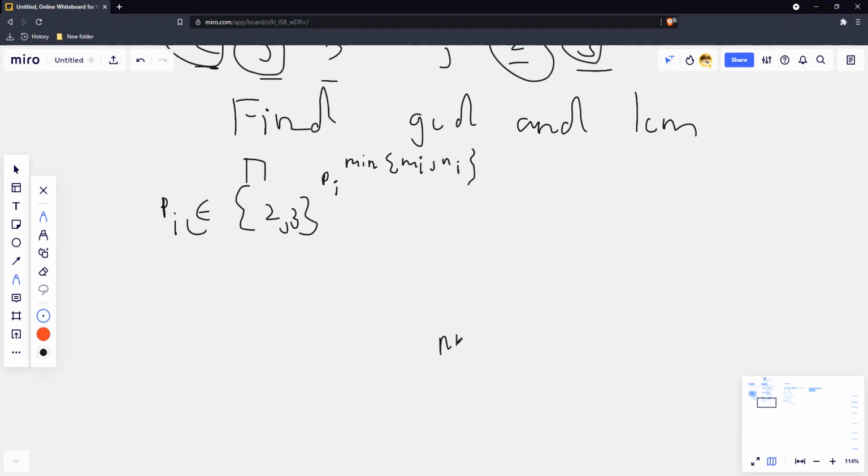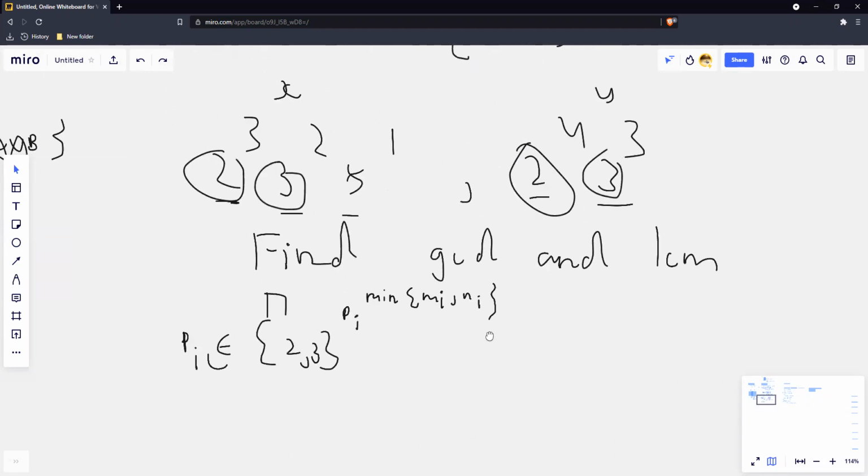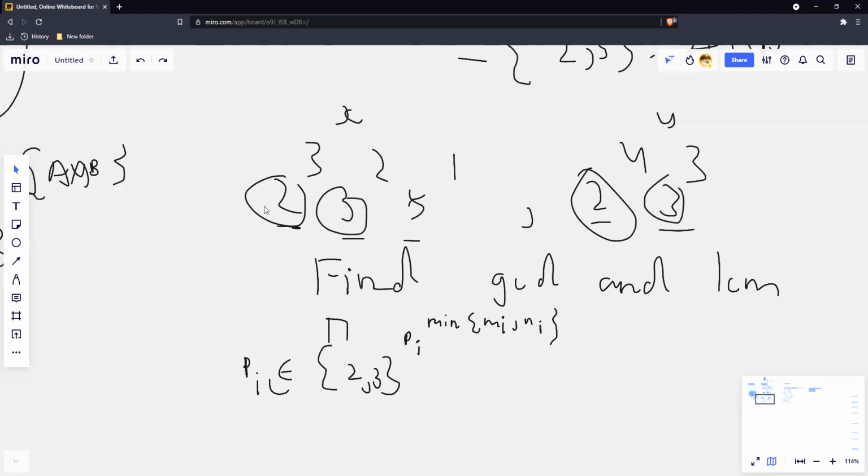So min of 2, 3, the minimum of it is 2 because 2 is the smaller number, right? So we are finding the smallest of this. And then m sub i correlates to the p sub i. So if p sub i is 2, then we have p sub 2 to a power of m sub 2.